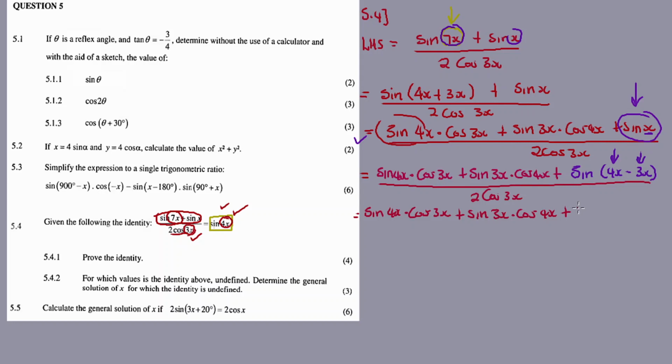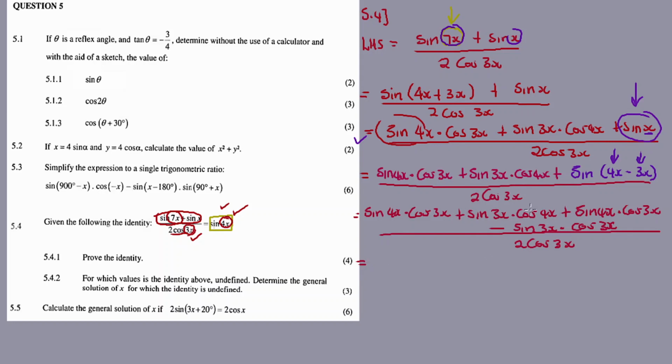So it's sin 4x cos 3x minus sin 3x multiplied by cos 3x, everything divided by 2 cos 3x equal to, all right.